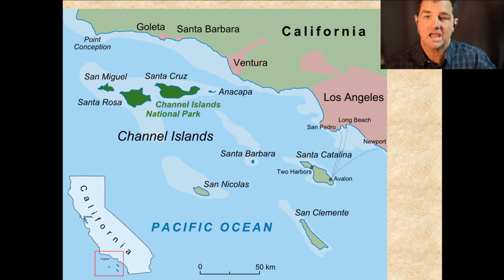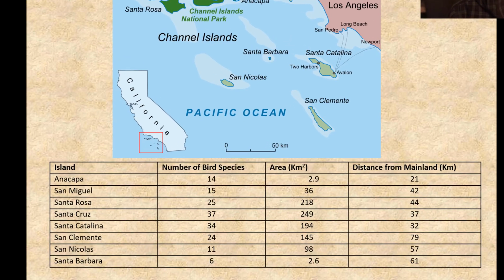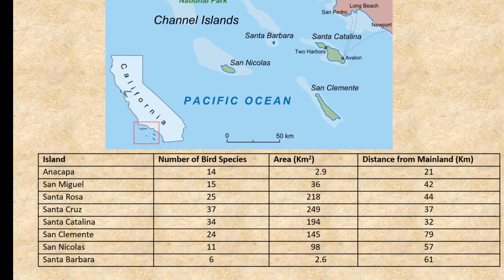All right. Now that you've hopefully hit pause and restarted and had a chance to think about it, let's look at some real data here. You can see Santa Barbara Island, and you can see Santa Cruz Island. Santa Barbara Island is a small distant island, and Santa Cruz is a large near island.